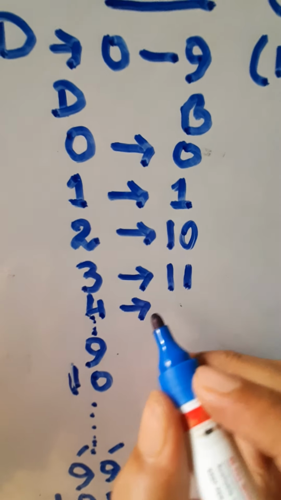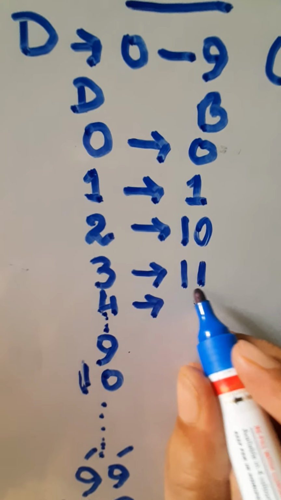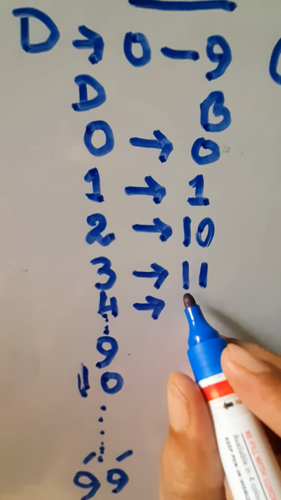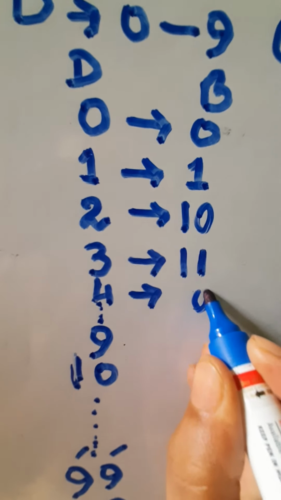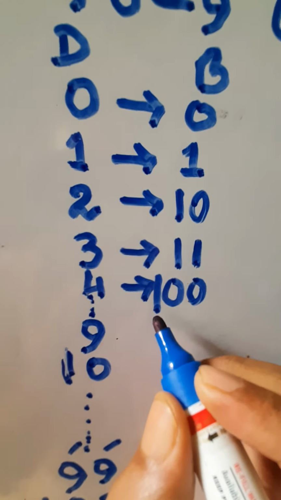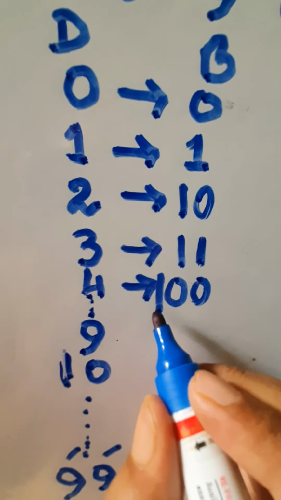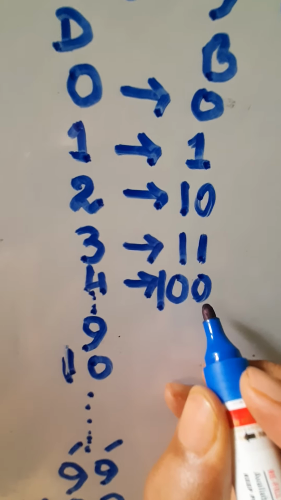So in binary also there are two ones, so all the positions have got their maximum, so we'll put 00 and here will be 1. Is it clear? So 4 in decimal will be 100 in binary.